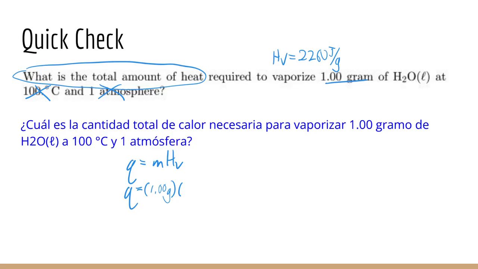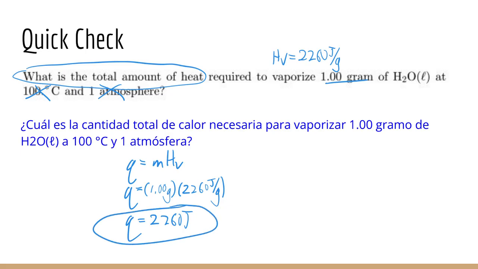Our heat of vaporization is 2,260 joules per gram. And this mathematically is super easy. Anytime you multiply a number by 1, it stays its number. So we have 2,260 joules are required to vaporize 1 gram of water.